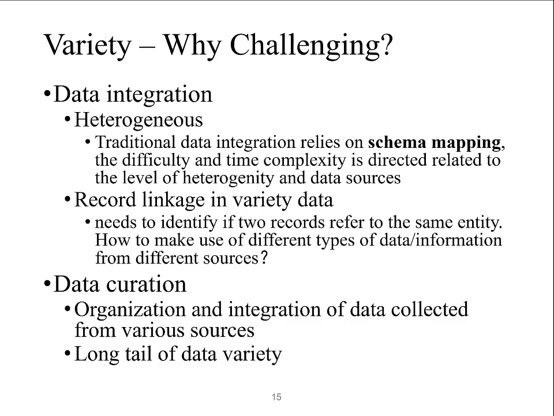We need to make use of different types of data or information from different sources, but we also need to properly handle this data with different types and different sources. So that is also challenging.